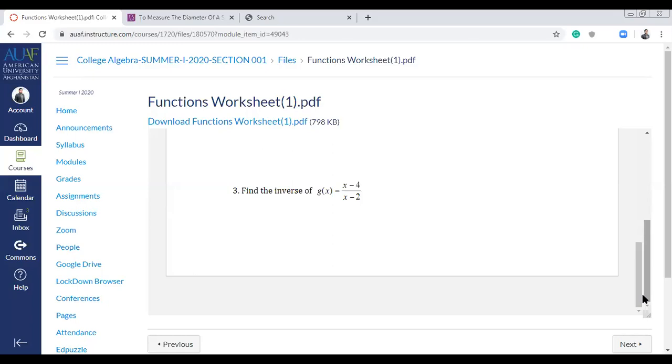how to find the inverse of this function. Okay, stop sharing this one.